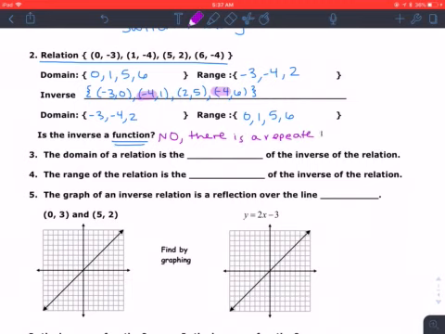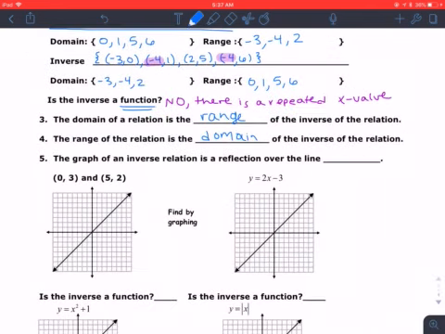So my x goes to 2 different y's. It's not a function. So the domain of a relation is the range of the inverse, and the range of the relation is the domain of the inverse of the relation.